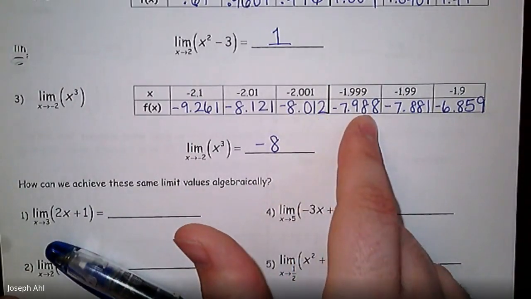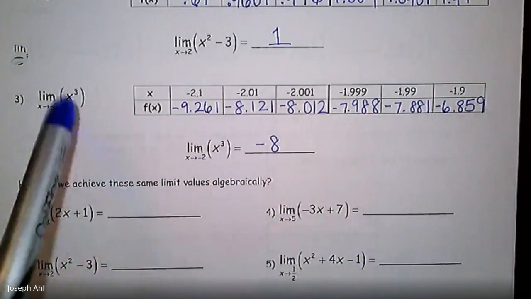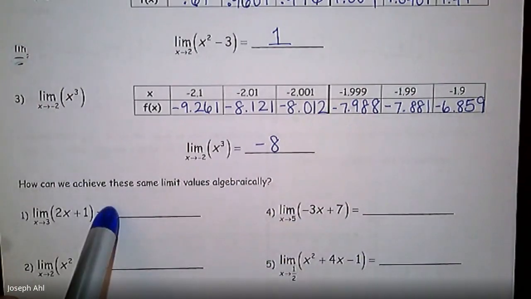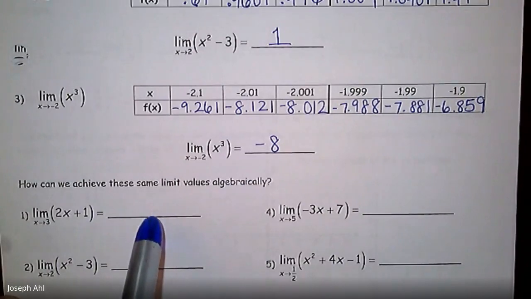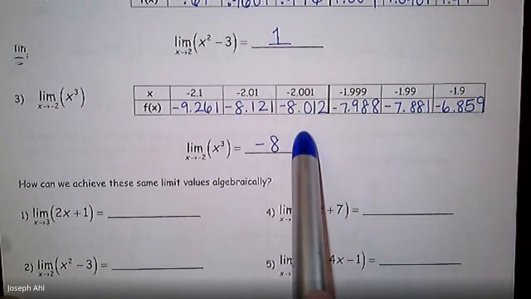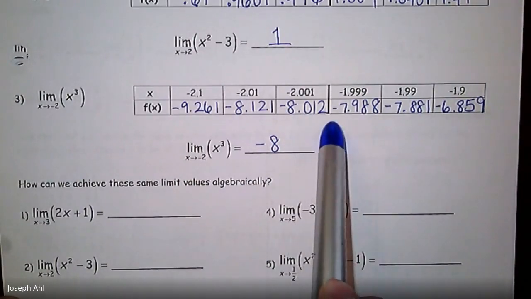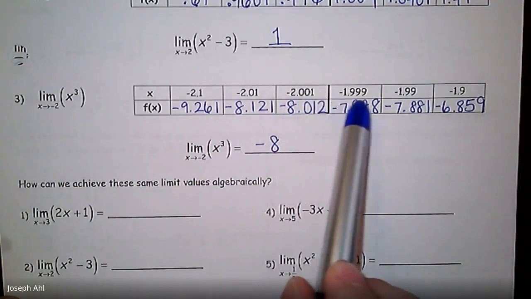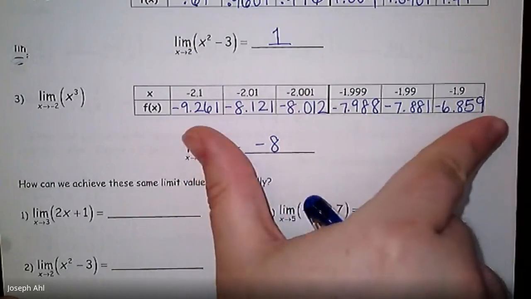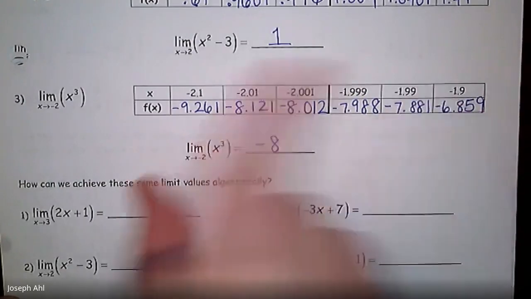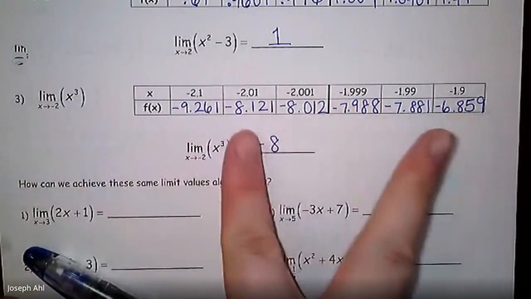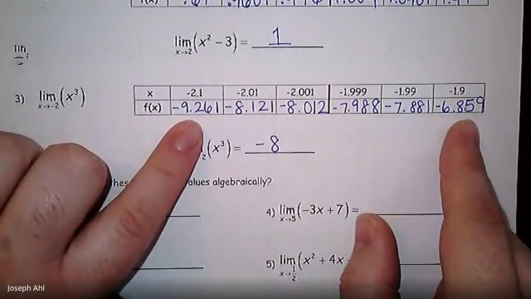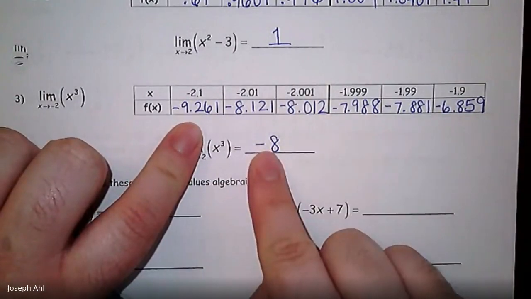And that's kind of an important concept because I'll tell you that we can evaluate these limits without using a table pretty easily, in fact. So if you haven't caught on yet, I'll explain what we're doing in a moment here. But if you're going to use a table because you're unsure of how to do the limit algebraically, you really want to make sure you're getting super close to that value because even though negative 2.1 and negative 1.9 seem real close to negative 2, I don't know if these values help you to necessarily predict that we're getting closer to negative 8.